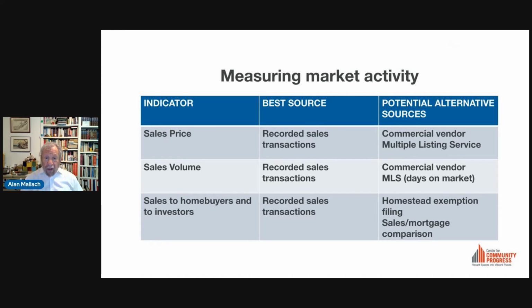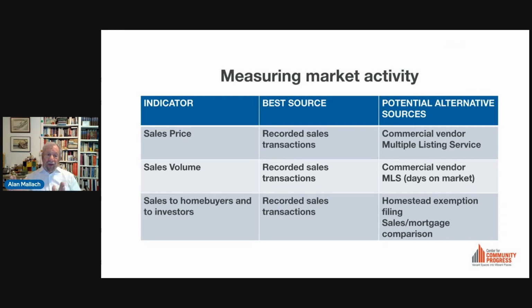But if you don't have access to recorded sales transactions, there are a variety of other services you could use. If you know a realtor who will share the multiple listing service data with you, that's pretty good.